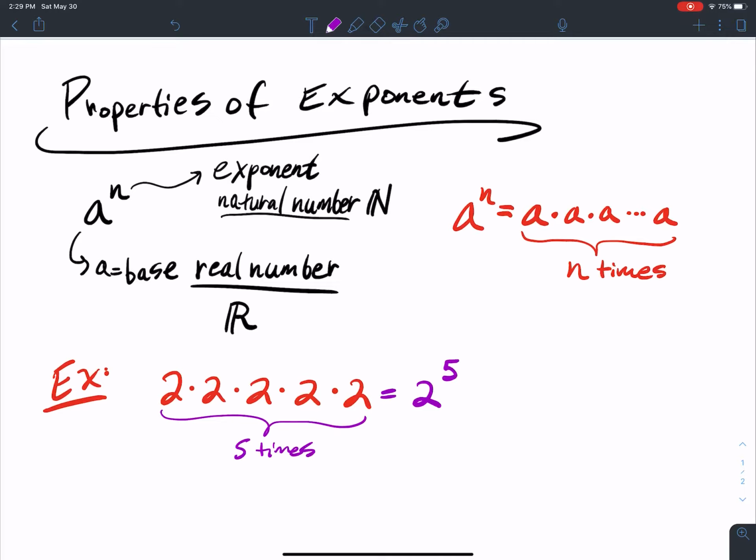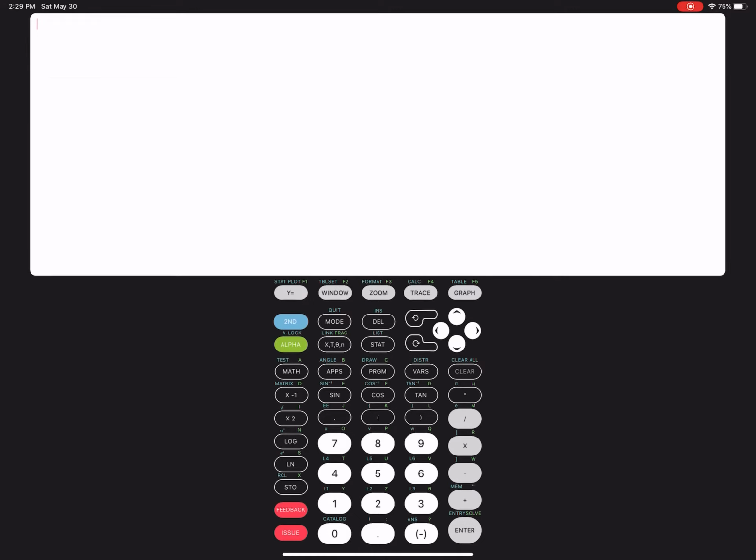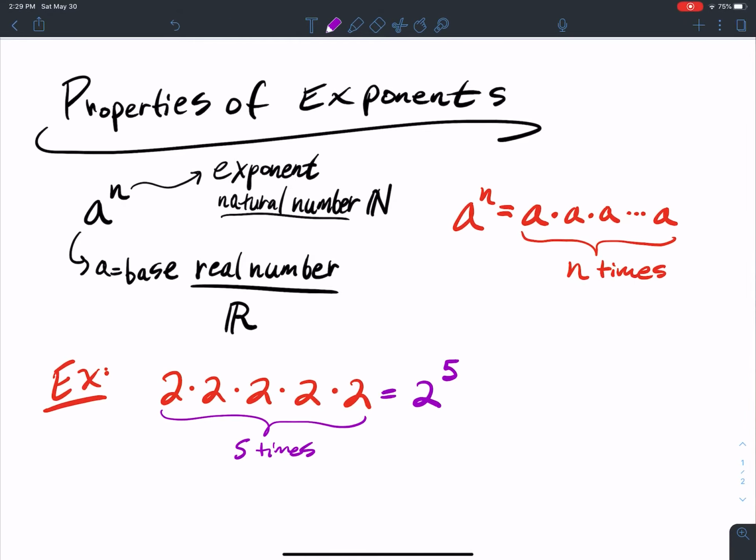All right, so if we go into our little calculator and type in 2, and I have my little exponent key right above the divide, and I hit the 5 and I hit enter, that's 32. Okay, this is equal to 32 here.